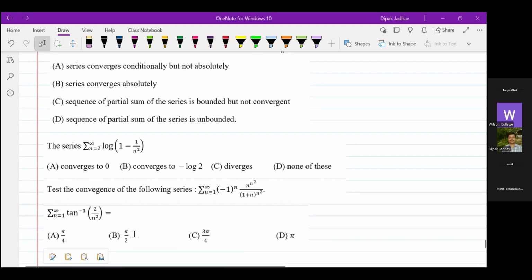You can try all the sums. Apart from this, you all have the question bank, all past year questions. You can try solving the sums. Is it okay?